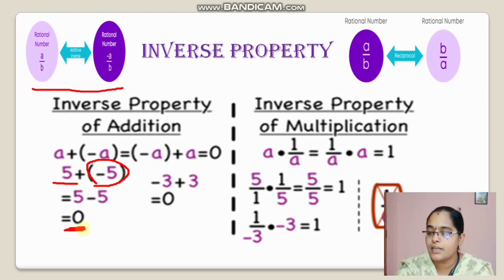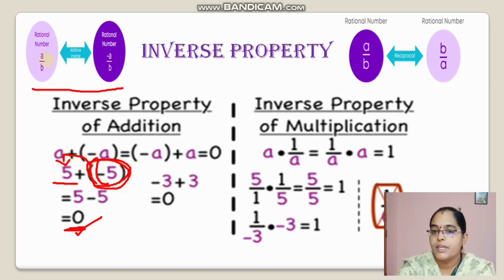I get 0 when I add 5 with minus 5. So the number which we are adding is called the inverse of the first number. In rational numbers, the additive inverse of a by b is nothing but minus a by b.